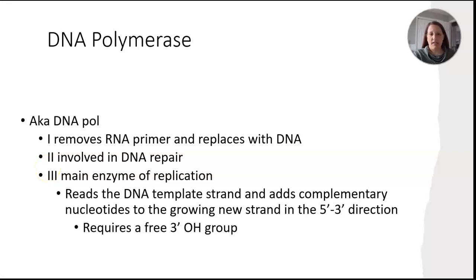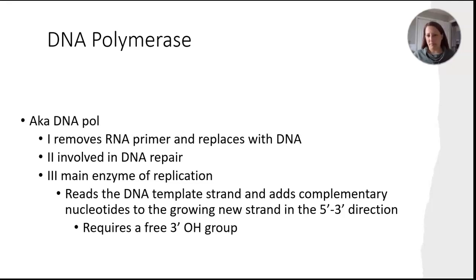The job of DNA polymerase 3 is to read the single-stranded DNA template that was just unwound. And as it reads it, it's going to lay down and add complementary base pairs, complementary nucleotides. And it's going to add always in the 5' to 3' direction. And so in order for DNA polymerase 3 to work properly, there has to be a free 3' hydroxyl group.